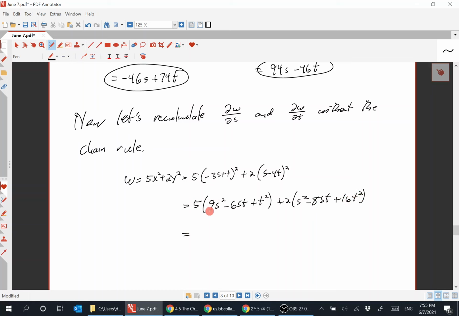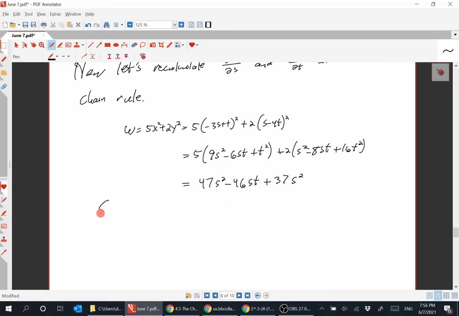So s squared, I have 45 plus 2, so 47s squared, and then minus 30 minus 16 st, plus 32 plus 5, 37t squared. So that's w in terms of s and t.